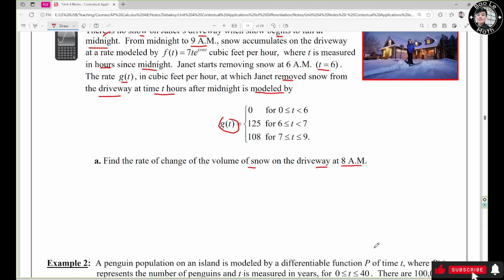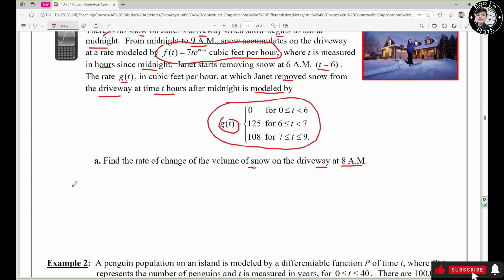In order to find the rate of change of the volume of snow, we're going to take what is added, subtract what is removed, right? What is added is right here, and what is removed is right here.